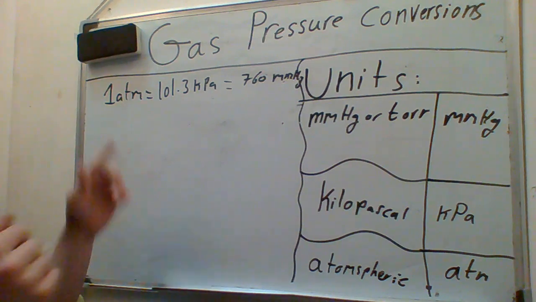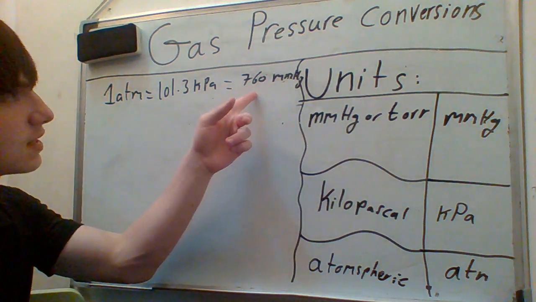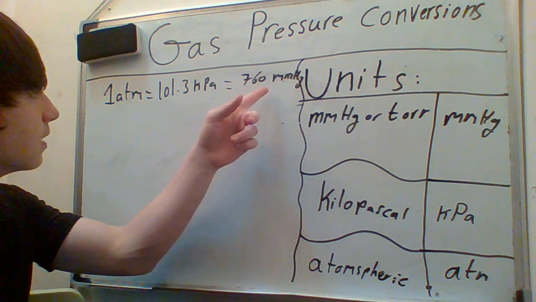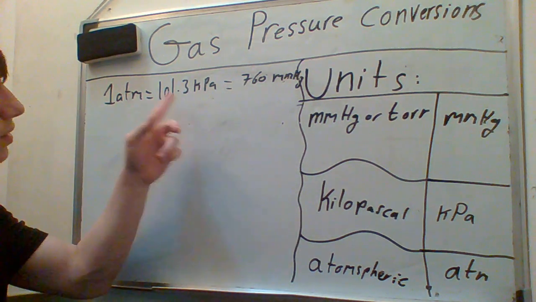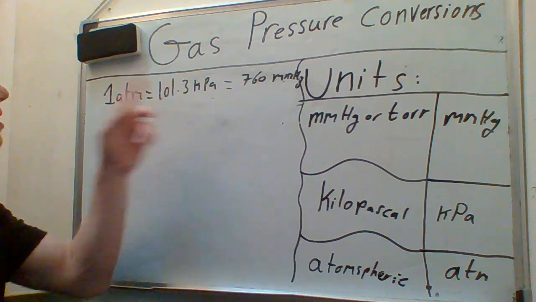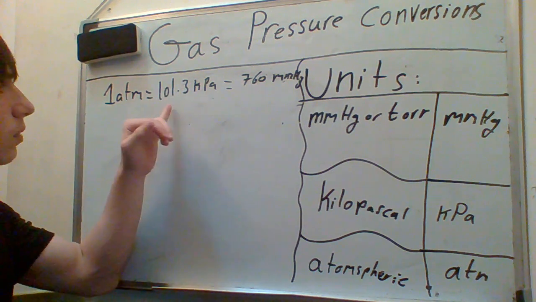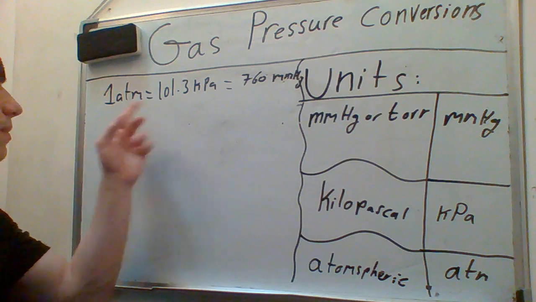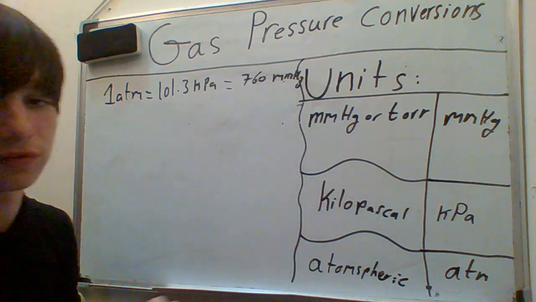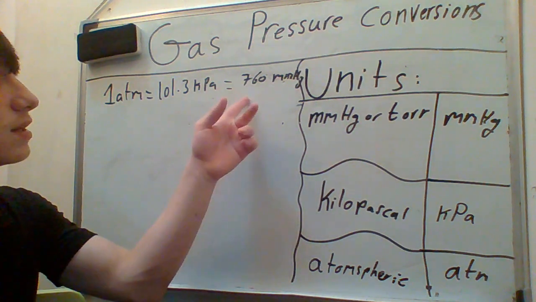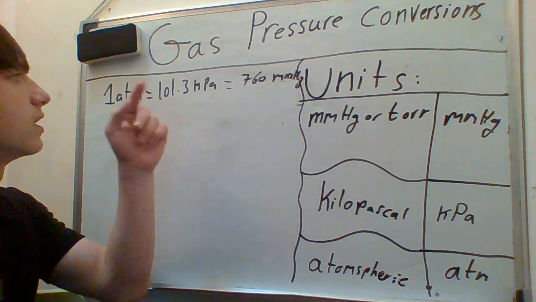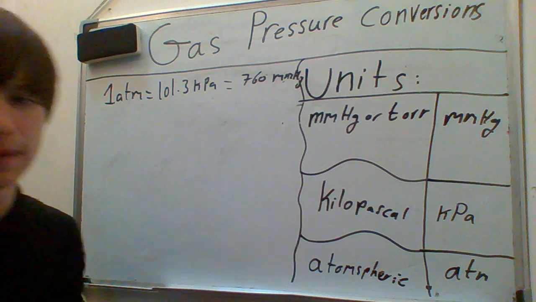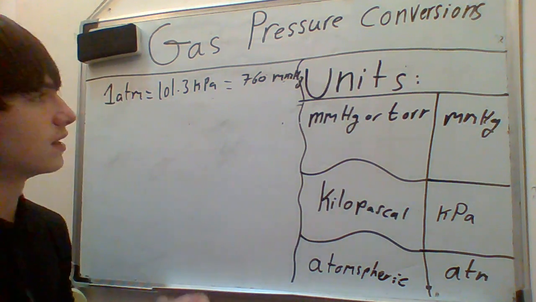It means that 1 atm equals 760 millimeters of mercury, and that 1 atm equals 101.3 kilopascals. It also means 101.3 kilopascals equals 1 atm and 760 millimeters of mercury, and 760 millimeters of mercury equals 101.3 kilopascals and 1 atm. So that's for the conversions.